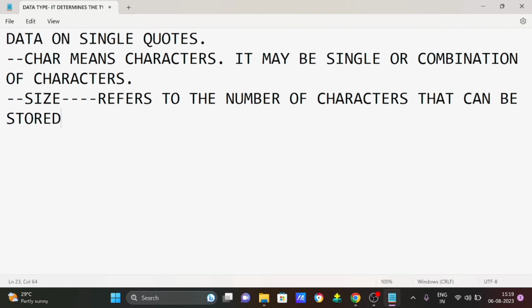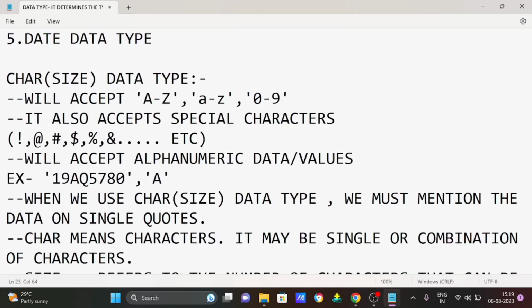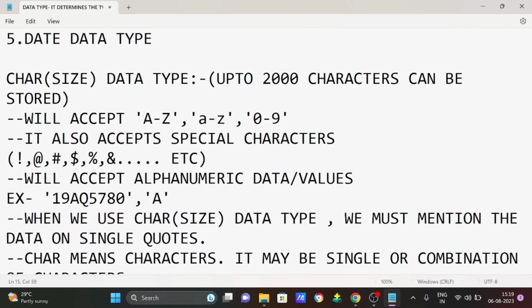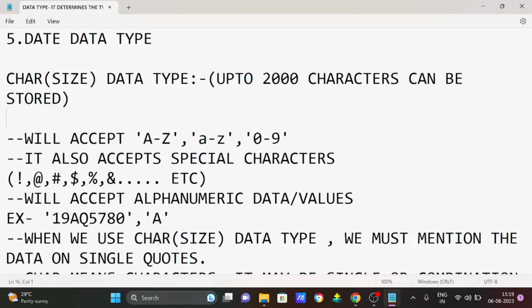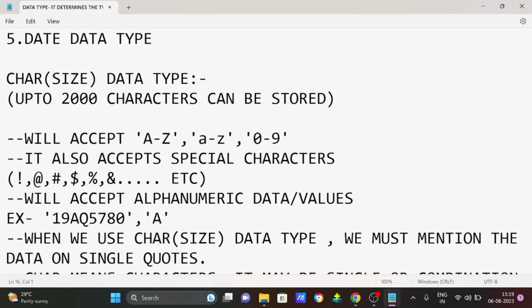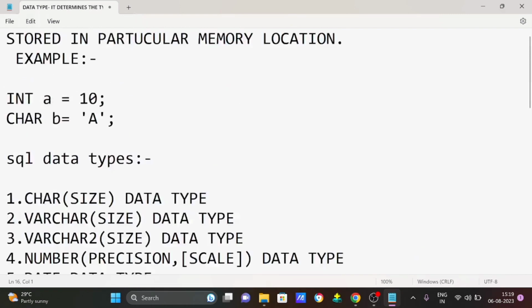We can store up to 2000 characters in char of size data type. Up to 2000 characters can be stored. This is the limit, or we can say the range, of char of size data type. This is about char of size data type.